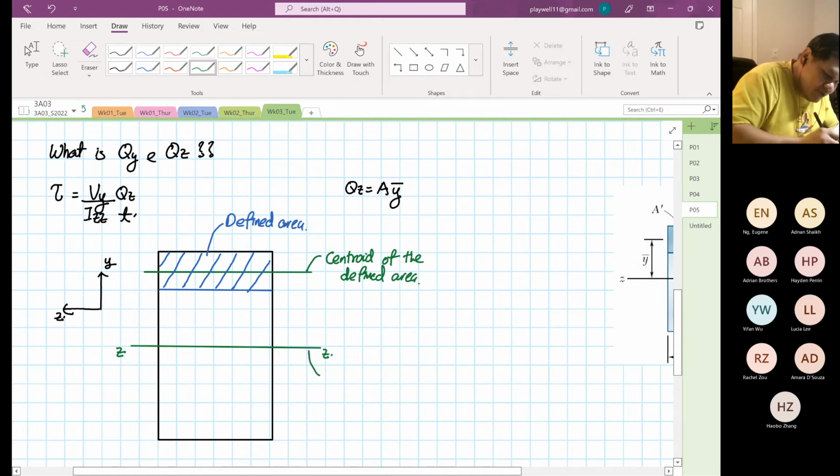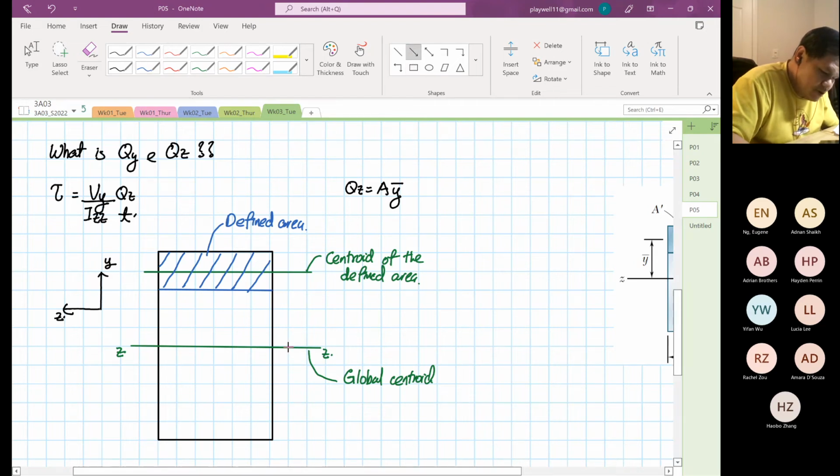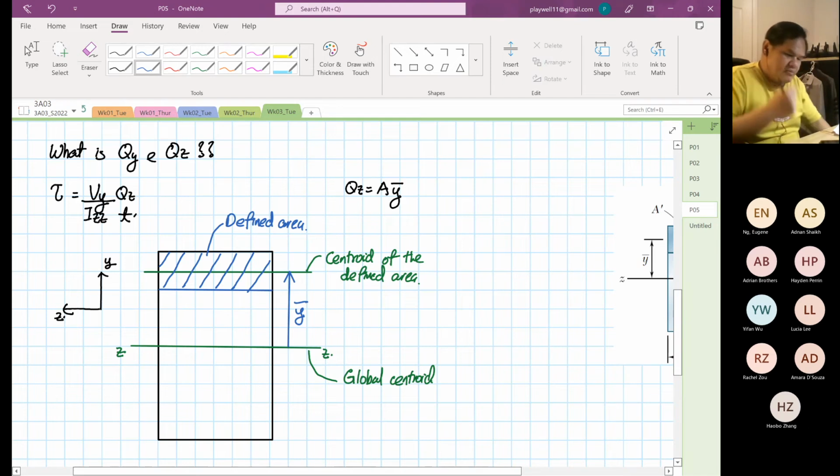And this ZZ over here is the global centroid. The Y bar is the distance from the global centroid to the centroid of the defined area.